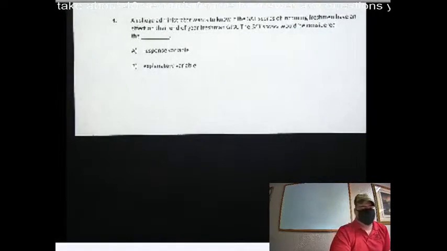Next, a college administrator wants to know if the SAT scores of an incoming freshman have an effect on their end-of-year freshman GPA. The SAT scores would be considered the what? Response variable or explanatory variable? I wouldn't call it the response. The response is the thing that responds to what we're observing.